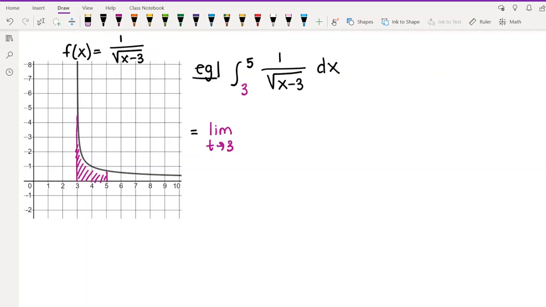So the graph never touches x equals 3. But we're approaching from the right, right? Because we're looking at values that are to the right of 3. And so now we're doing the integral from t to 5 of 1 over the square root of x minus 3.